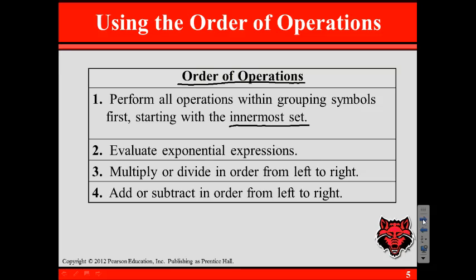Step 3, multiply or divide. Sometimes division will occur before multiplication. Multiply or divide in order from left to right. Number 4, we add or subtract. Again, subtraction may occur before addition. We add or subtract in order from left to right.